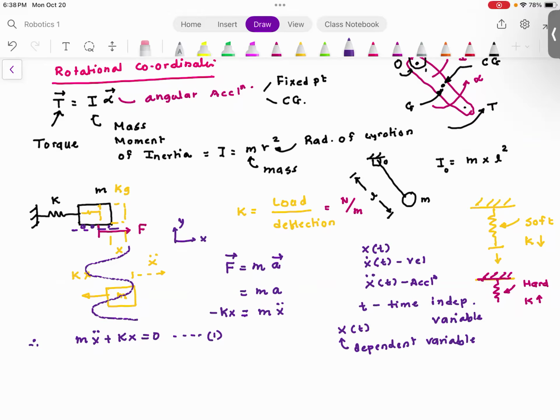Now what I want to do is solve this differential equation. What do I mean by solving a differential equation? How do you solve an equation?